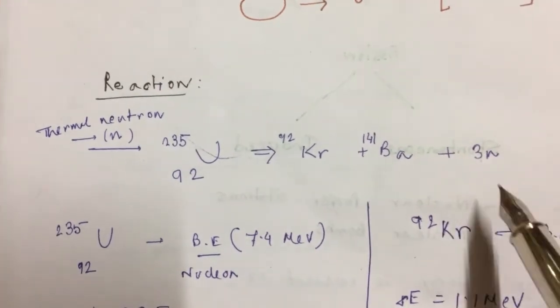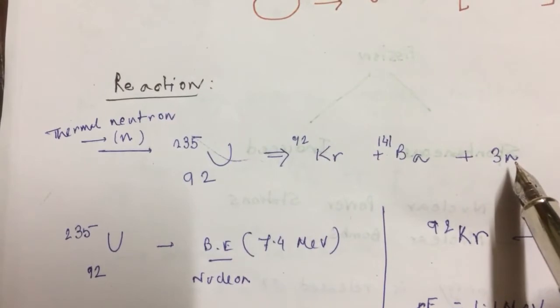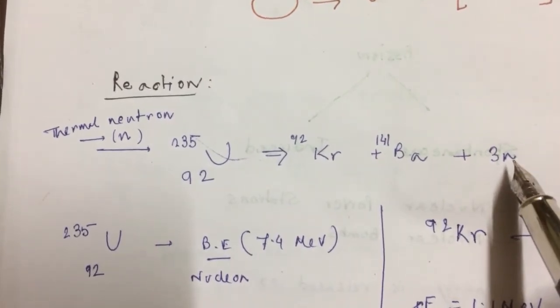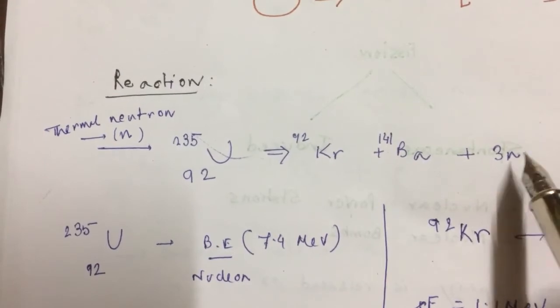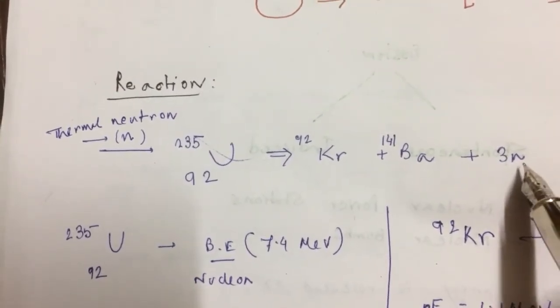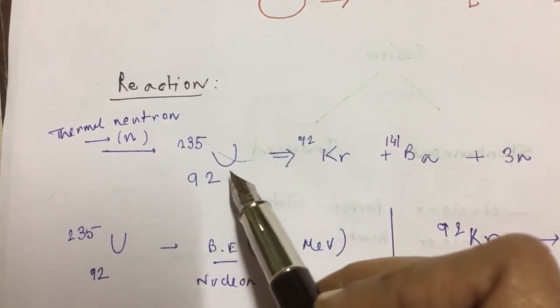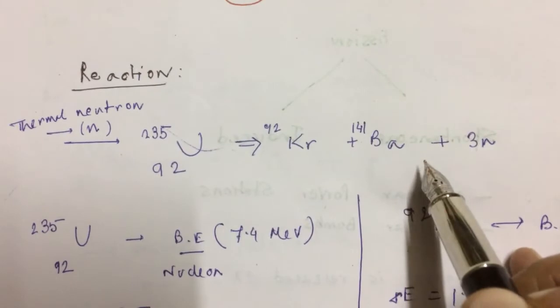So we need to control this, because in case of uncontrolled fission, we get plenty of neutrons in an uncontrolled fashion, which will again be hitting the uraniums, which will liberate more and more energy. So we need to control this reaction.